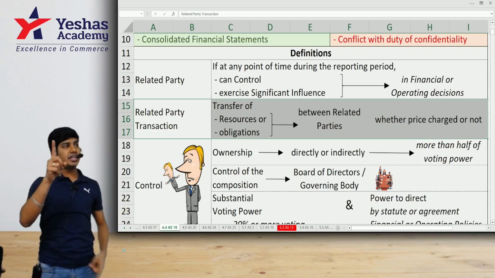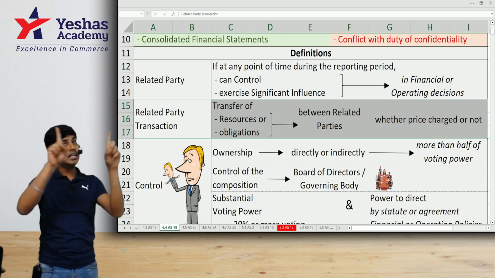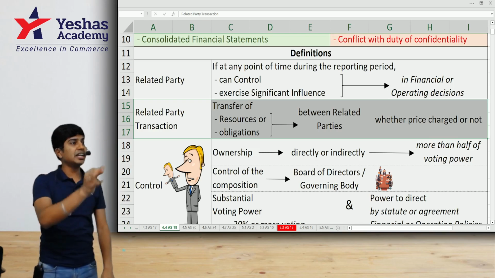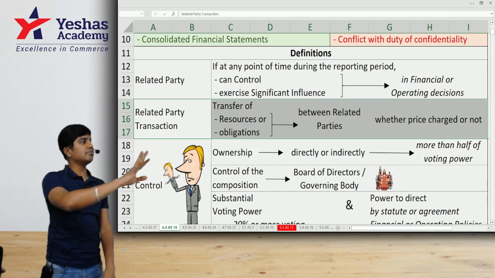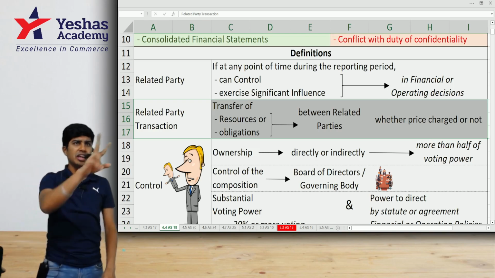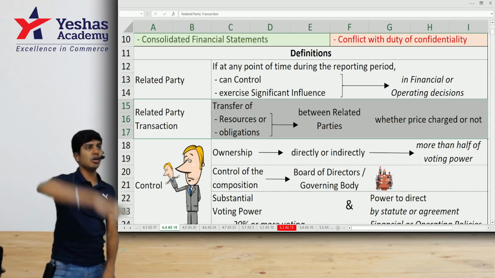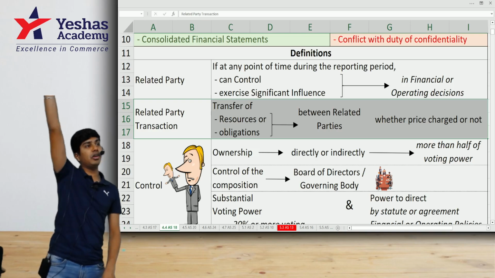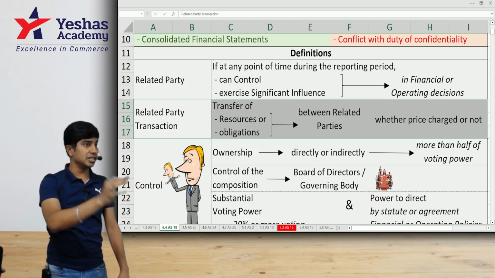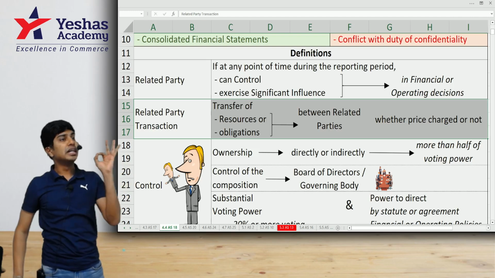Even if one entity sells goods to another at fair market value, but they are related parties, even though it is at FMV, such a transaction is called a related party transaction. It doesn't matter for 1 day or 1 week or 1 month, at any point of time during the year, if they are related parties. It doesn't matter whether it is at 0 rupees or fair market value, or above or below fair market value. A transaction to transfer assets or liabilities, resources or obligations between two entities is always considered a related party transaction.